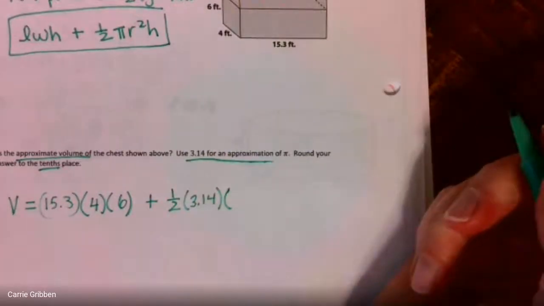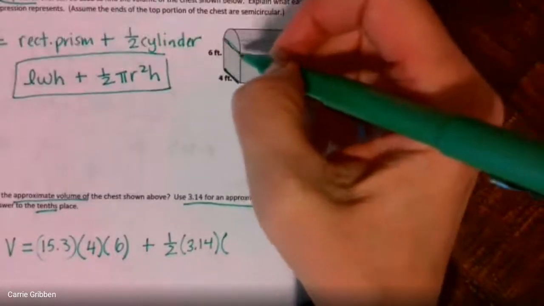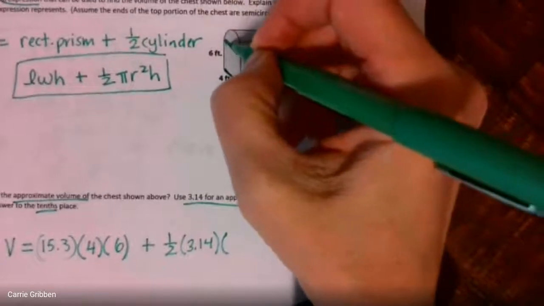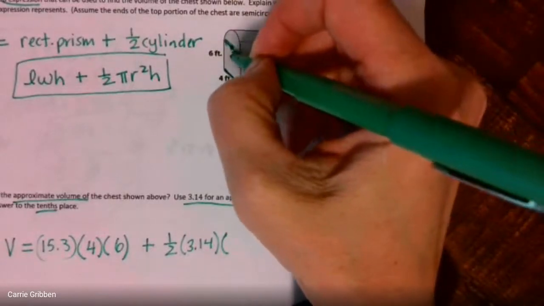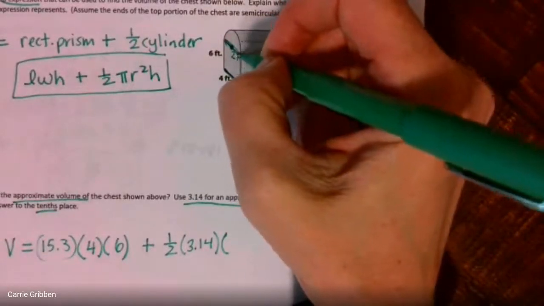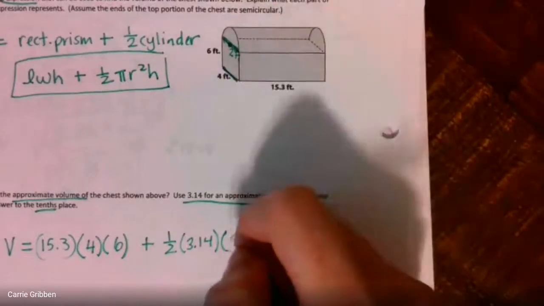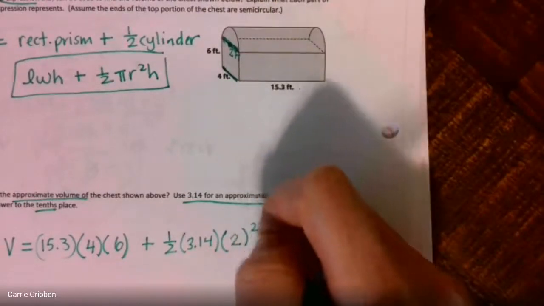And the radius, so if I think about this, if it's 4 feet here, then it's 4 feet there, right? But I don't want 4 feet because that's the diameter. I want the radius, so I actually have to use 2 feet because that's the halfway point. So that's where that comes from. So 2 squared.